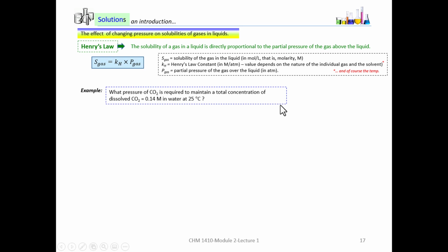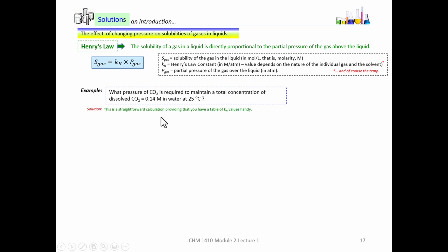Here's an example problem. What pressure of carbon dioxide is required to maintain a total concentration of dissolved carbon dioxide of 0.14 moles per liter in water at 25 degrees C?